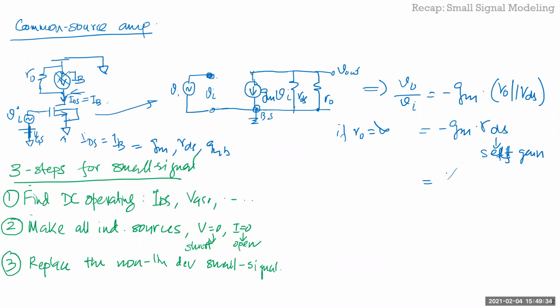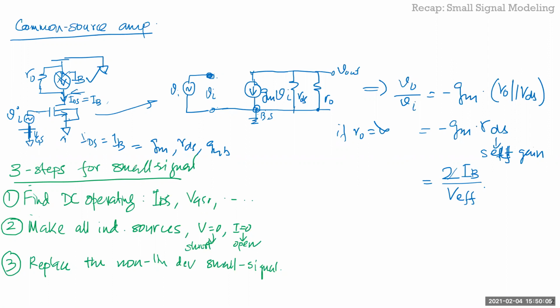And if you remember, GM was two times the bias current, which in this case we'll call IB, because that's the current we are biasing it with, 2IB over V effective, which is VGS minus VT. There are two other equations which tell you what the GM is, which is the root of 2 times ID times mu n C ox W over L. And then another one, which is 2 times ID over V effective.